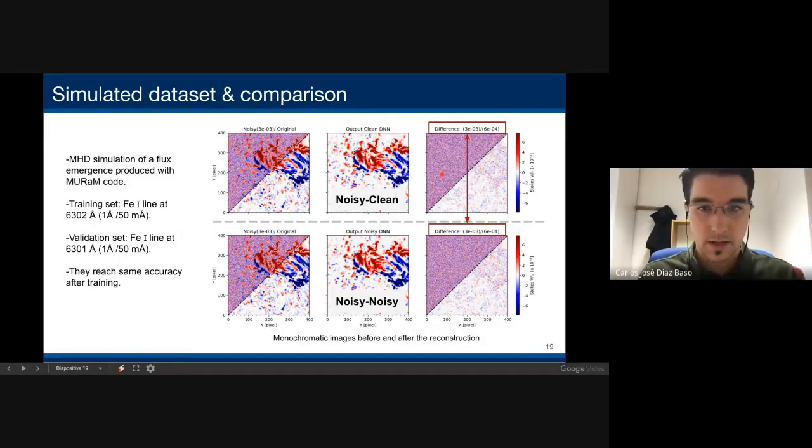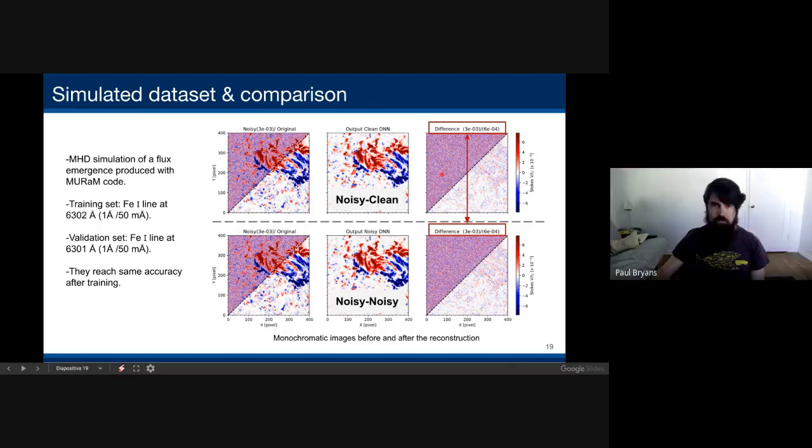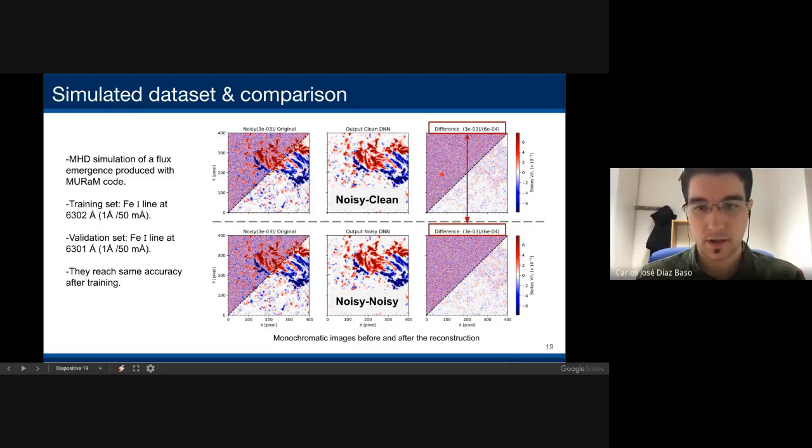So if you look into that, you could think that every pixel that you are cleaning in this way has been recovered by the neural network.